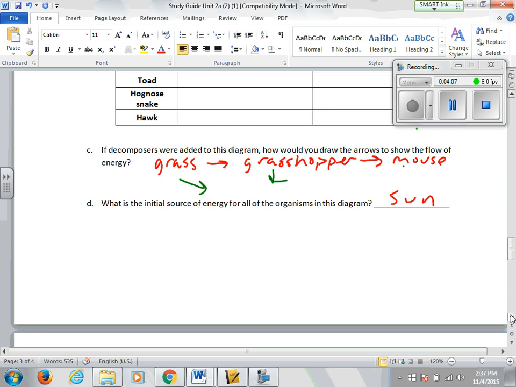Eventually everything is going to die, and decomposers take care of all the dead stuff. If we didn't have decomposers, then we'd have just mountains and mountains of dead stuff. So everything eventually points back to the decomposers. And that can be bacteria, that can be fungus, whatever we're talking about there. So go ahead and erase that. And moving on to the actual energy pyramid.